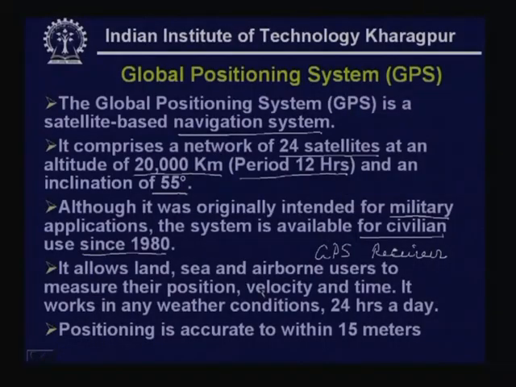So, every car owner, every ship owner, every pilot in the aircraft will be having such a receiver, and not only the position, the velocity and time can be very accurately measured, and the accuracy can be within the range of 15 meters, and that is the reason why it is one of the most widely used satellite systems for measuring position, velocity and time.